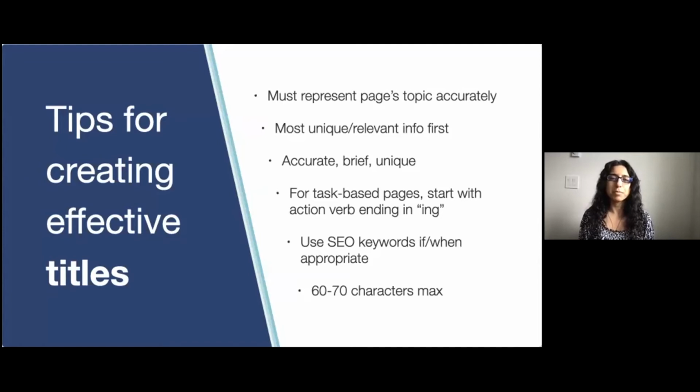For search engine optimization, you should incorporate SEO keywords where it makes sense, but you don't ever want to force them at the expense of the user's needs or the user's understanding of the content. And you want to aim for about 60 to 70 characters because typically search engines will likely cut off the rest in the search engine results.